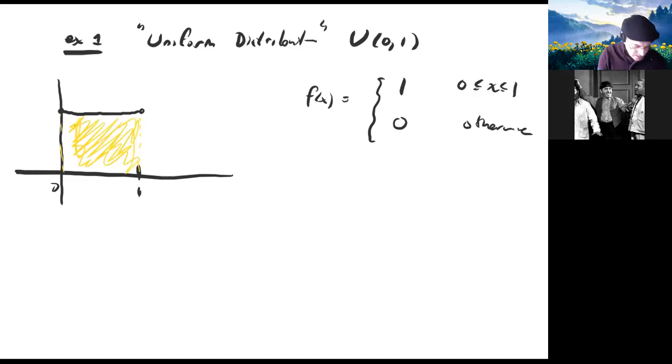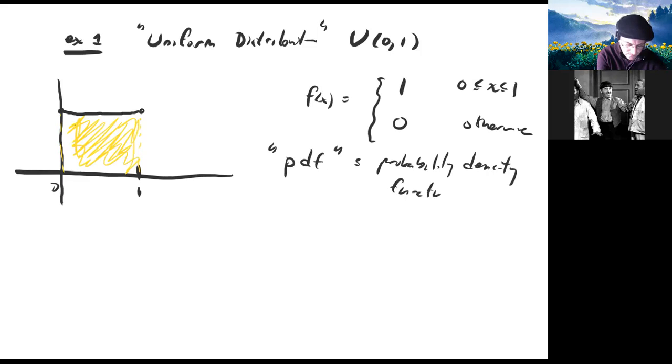And this is a probability density function because the area of the unit square is 1. And by the way, we usually use the word PDF to denote a probability density function, because that's a much shorter way to refer to it.